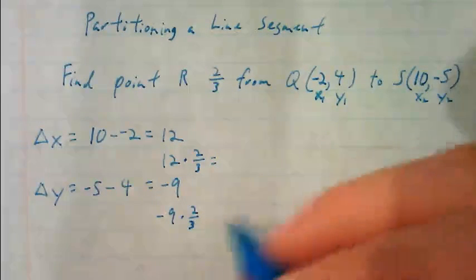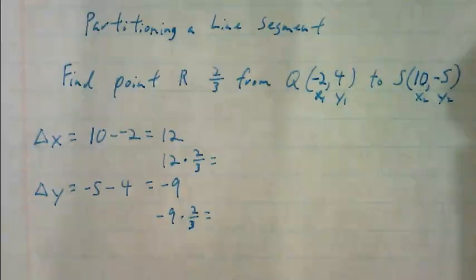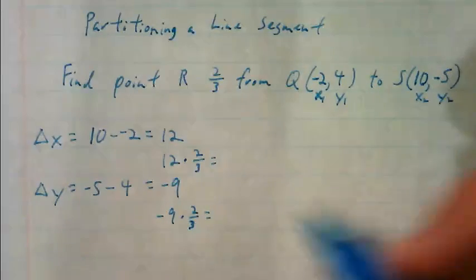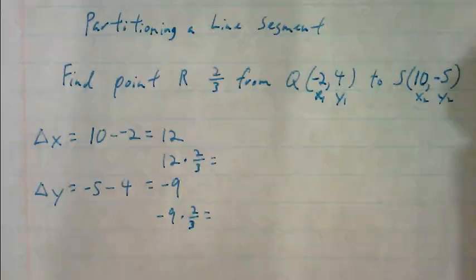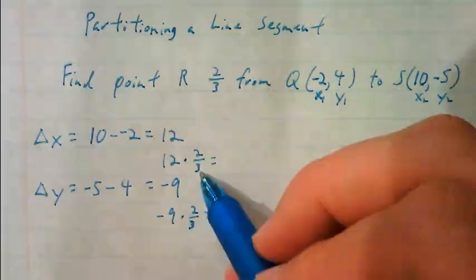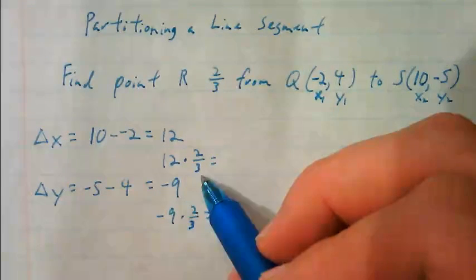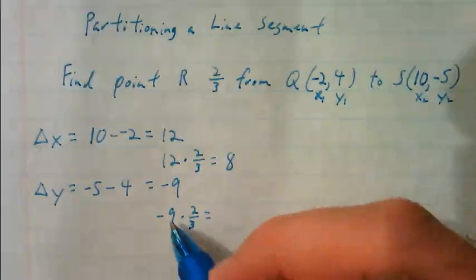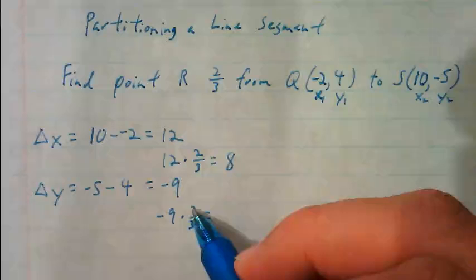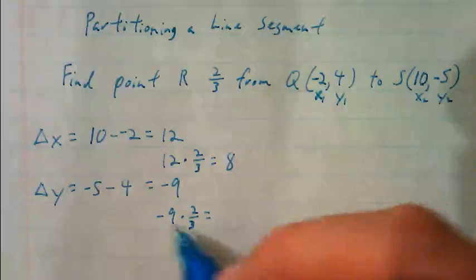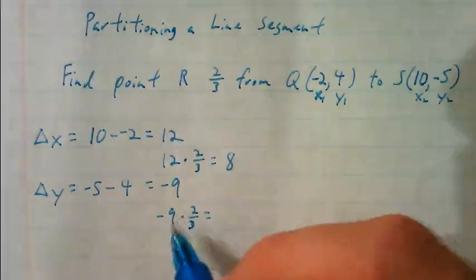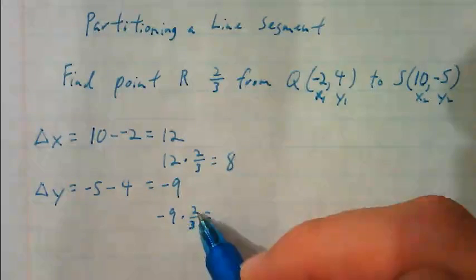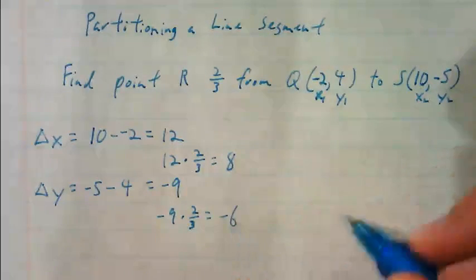When you multiply by a fraction, multiply by the top number, divide by the bottom. Or if you want to divide first and then multiply, that works too. So I could say 12 divided by 3, which is 4. 4 times 2 is 8. -9, again, I could multiply by 2 first and then divide by 3, or divide by 3 and then multiply by 2. -9 divided by 3 is -3, times 2 is -6.